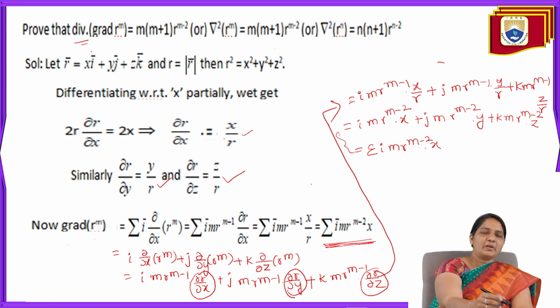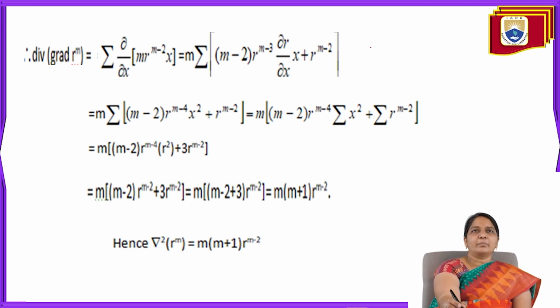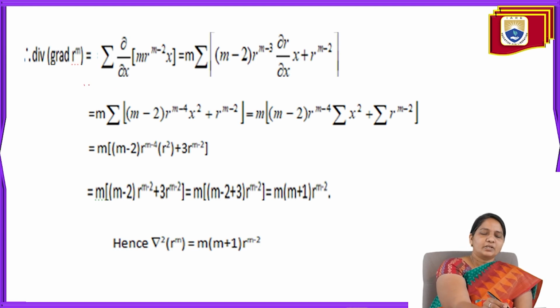Now we are going to apply divergence of grad. Now divergence of grad. What is the grad value? So again we are applying here. Here grad r^m divergence is del dot grad r^m.